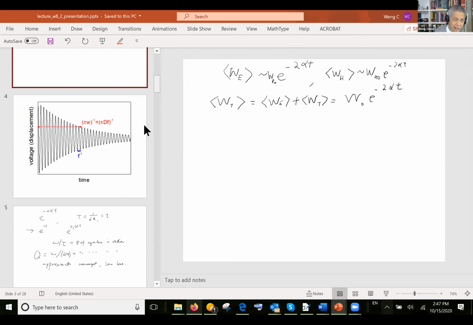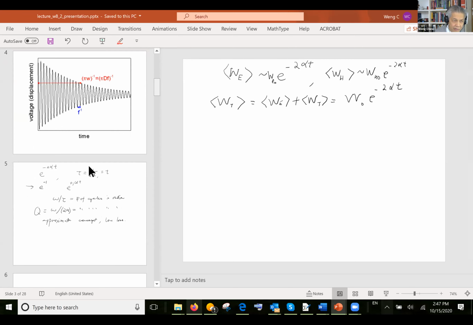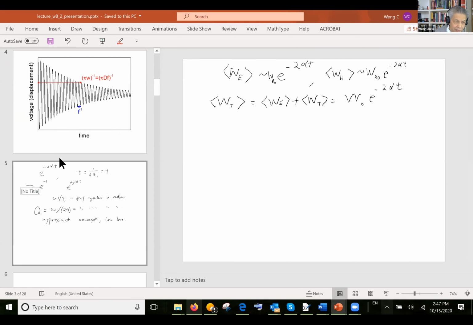And the Q is just a concept of counting the number of oscillations in the cavity before the energy decays to 1 over e of its original value. So if the energy is decaying in this manner, it will decay to 1 over e in this time interval, t equal to tau, and you count the number of cycles that go on after this interval.